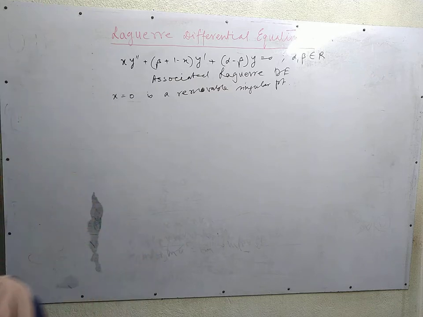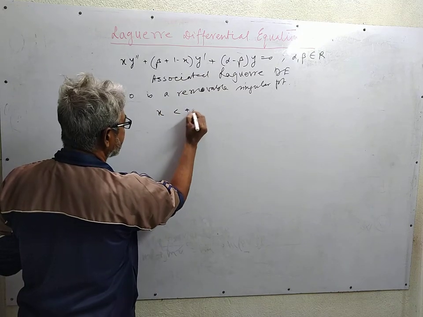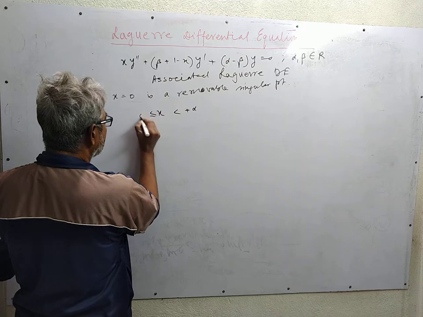The singular point of this equation is x is equal to 0, and any other finite value of x is a regular point. So the region of interest of this differential equation could be option 1, x greater than or equal to 0 up to plus infinity, and option 2, x less than or equal to 0.